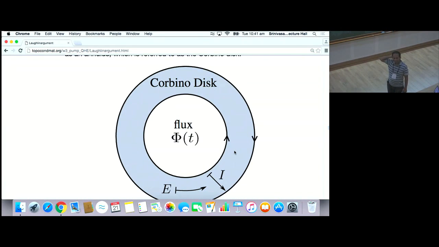From the Aharonov-Bohm effect, do you remember? Yes, perfect. Every flux quantum, the Hamiltonian returns to exactly where you started.